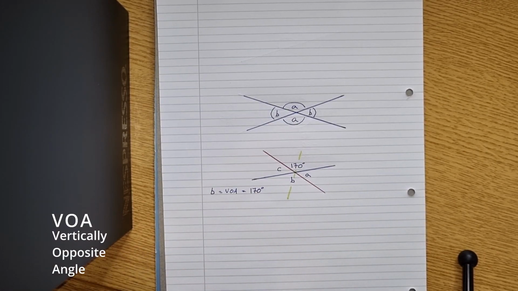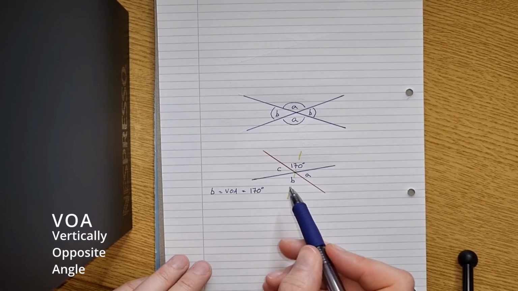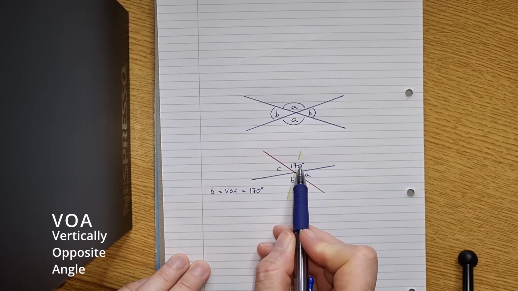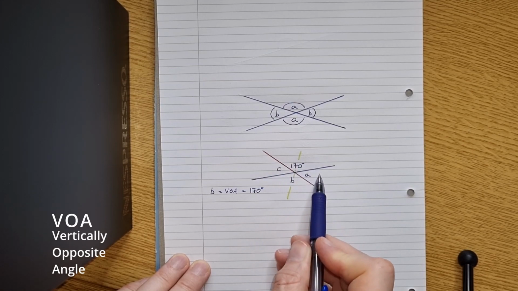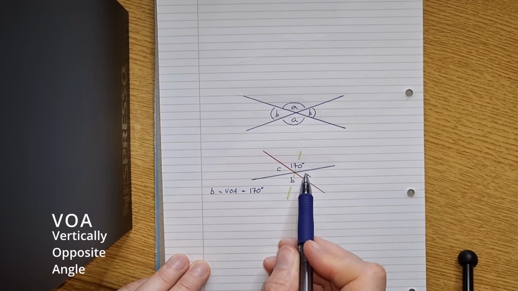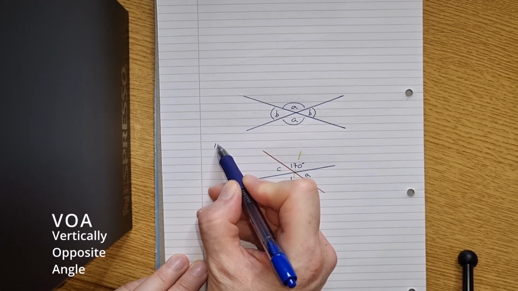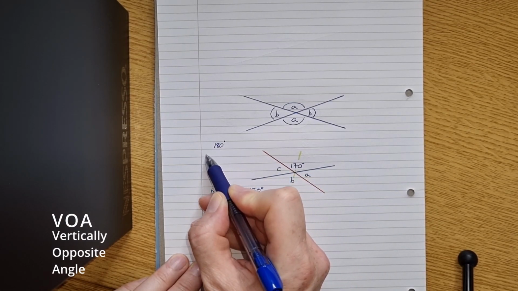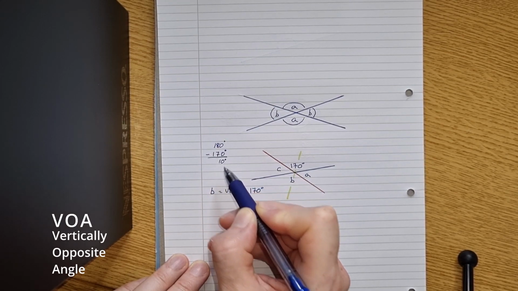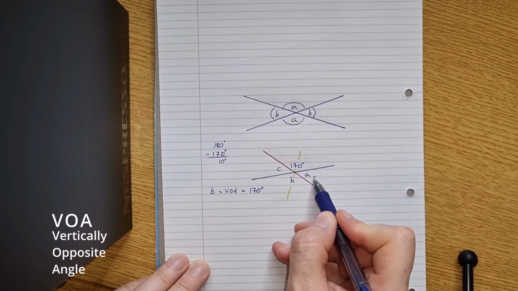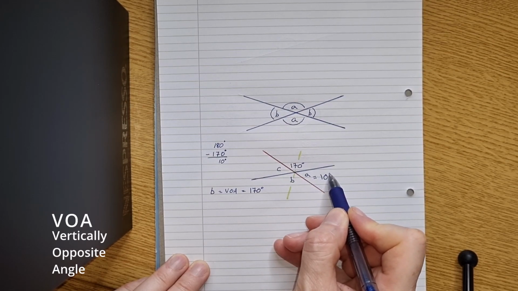Then I'm going to use my straight line facts. A and 170 degrees all sit on this red straight line. A straight line has 180 degrees in it, so 180 degrees subtract 170 degrees gives me 10 degrees. So I know that A equals 10 degrees.